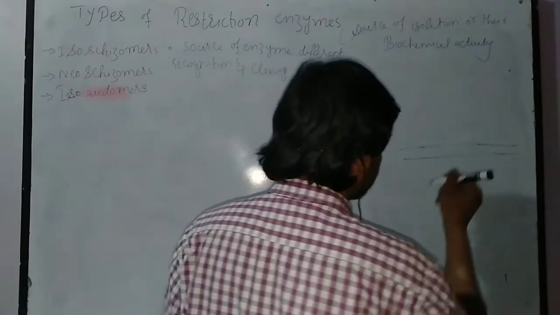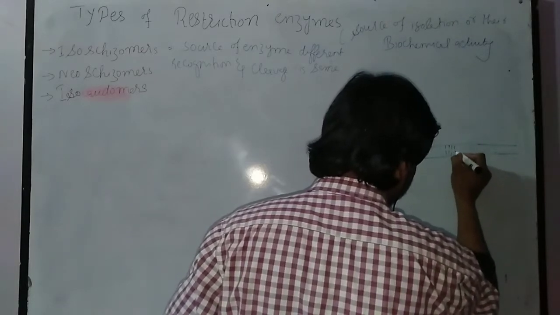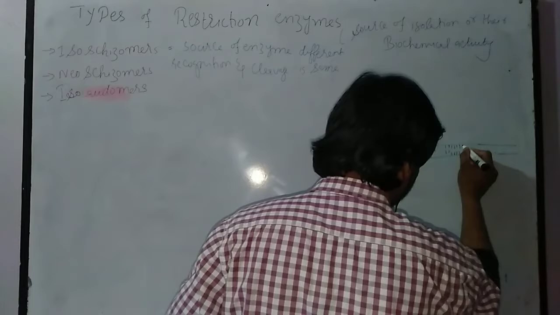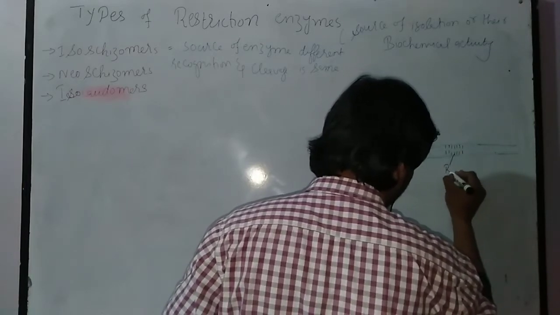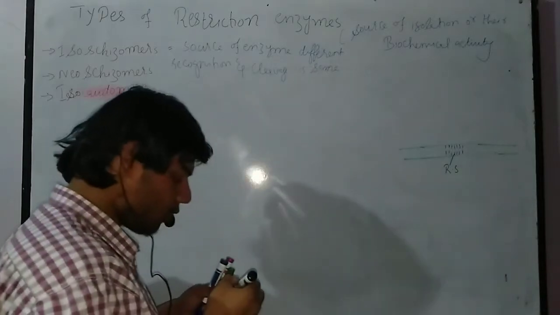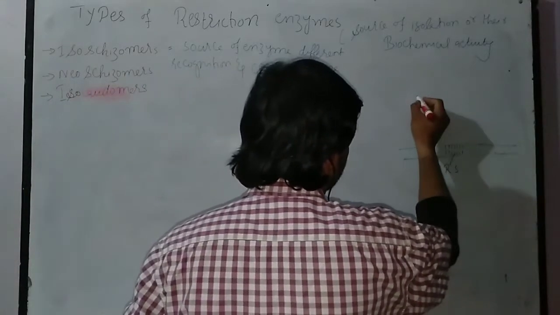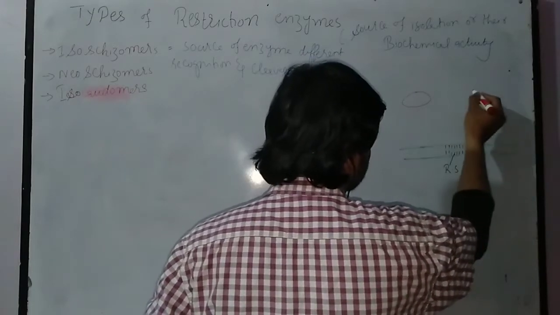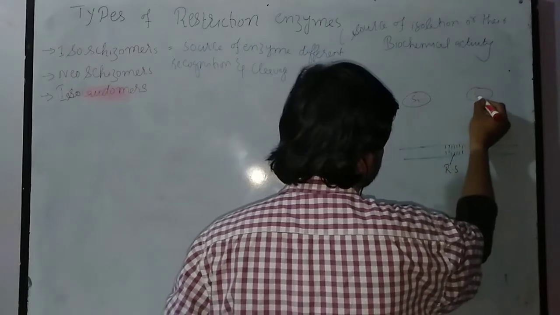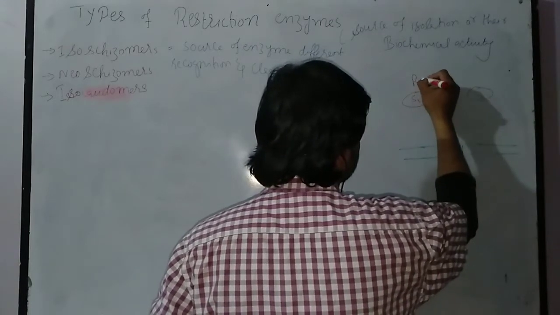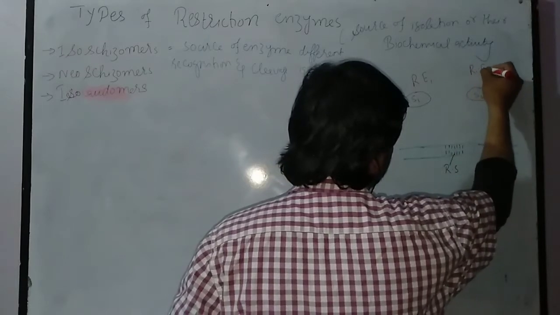So let's say this black region represents the recognition sequences, RS. So we have two sources of restriction enzyme. Let me draw here. This is the first source and this is the second source. Source number 1 and source number 2. These are actually restriction enzymes, R1, R2.